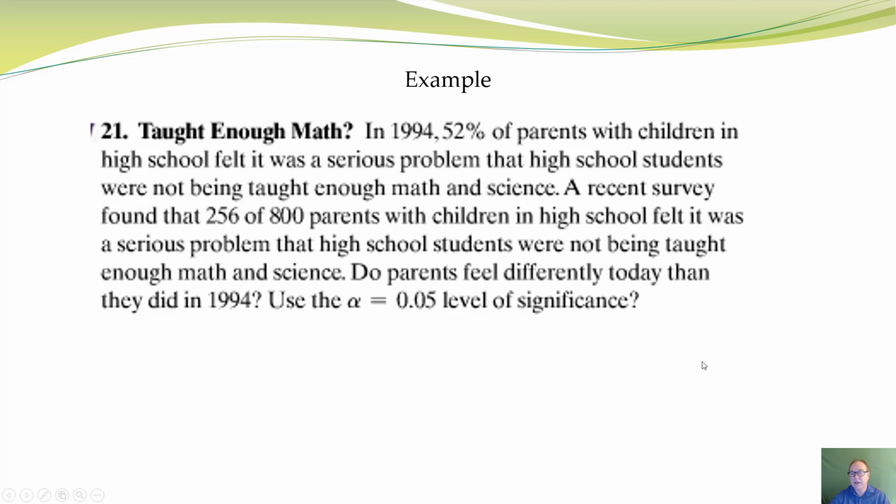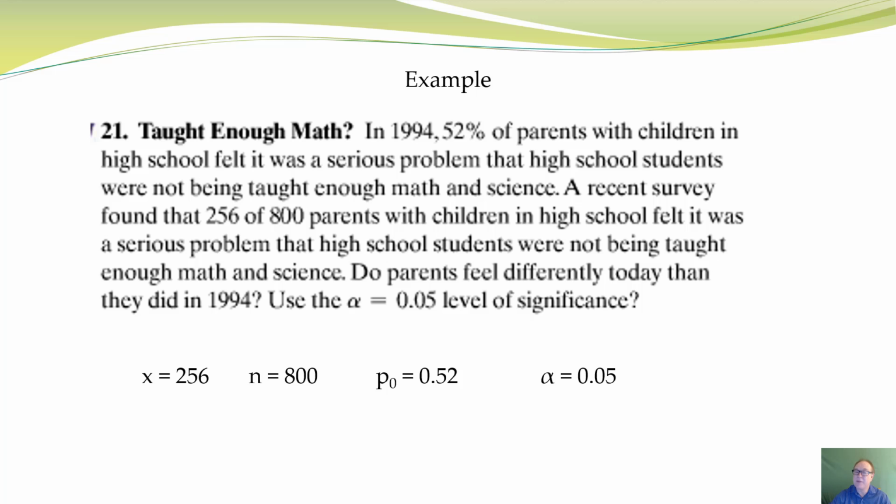Okay, so once again, we have to go through the problem. Number of successes, 256. Sample size, 800. What are we testing against? We're testing against 52%, so p naught is 0.52. What's our level of significance? Alpha is 0.05. Now, what's our null hypothesis?